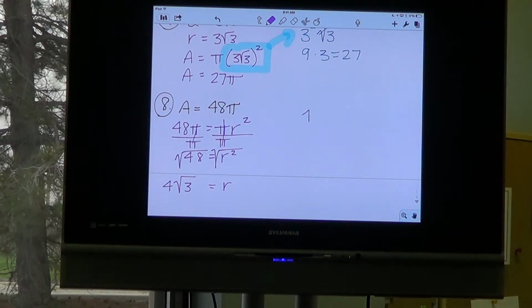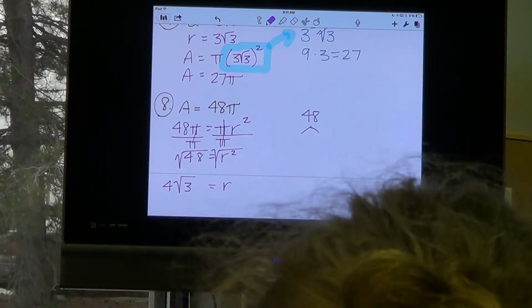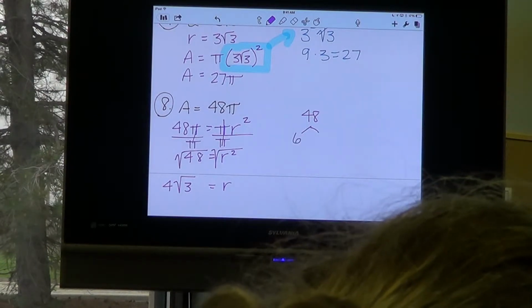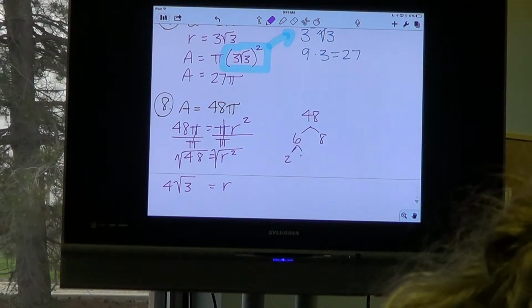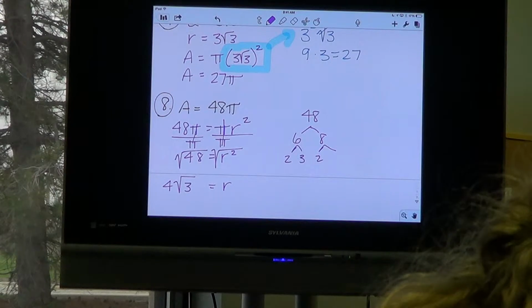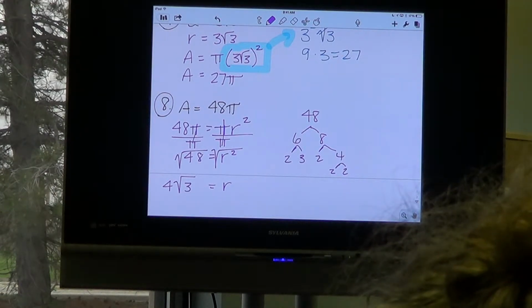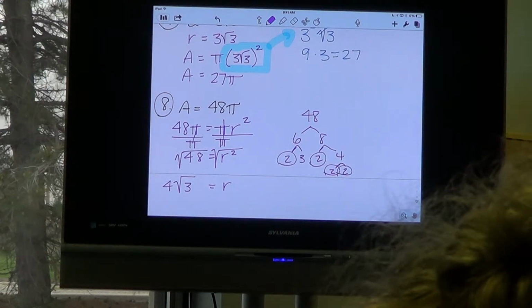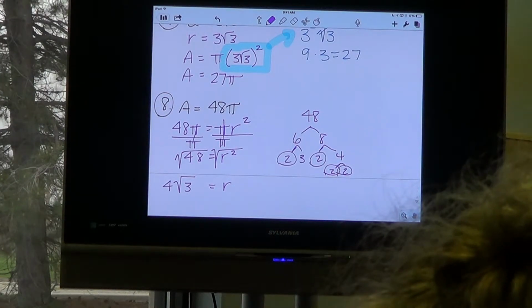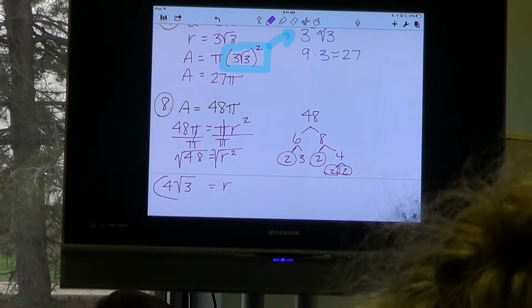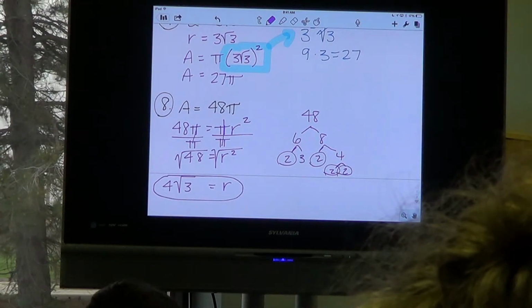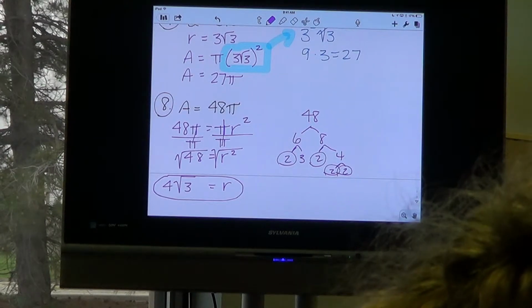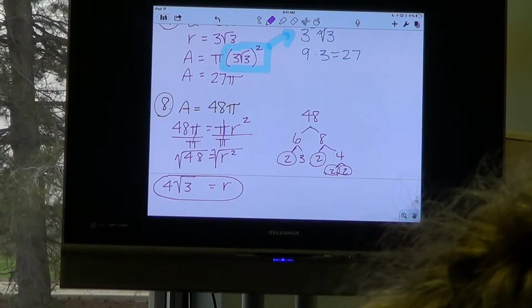Okay, because 48 would be 6 times 8. So we could take out 2 2s, or 4, and then 3 would be left in the radical. The radius would be 4 root 3. Questions?